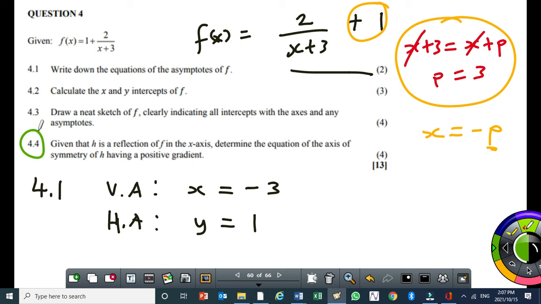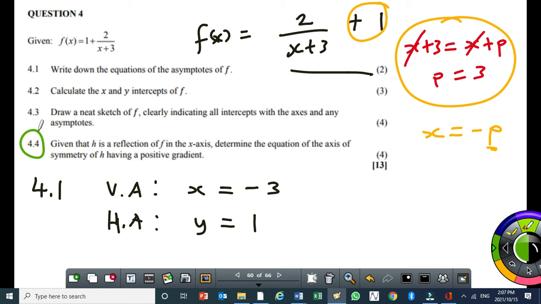Now, there's a reflection rule for reflection about the x-axis, which I will tell you now, and I'll also give you the one for reflection about the y-axis. In fact, let me talk a little more about reflection on Monday, but you did part of that in grade 10.